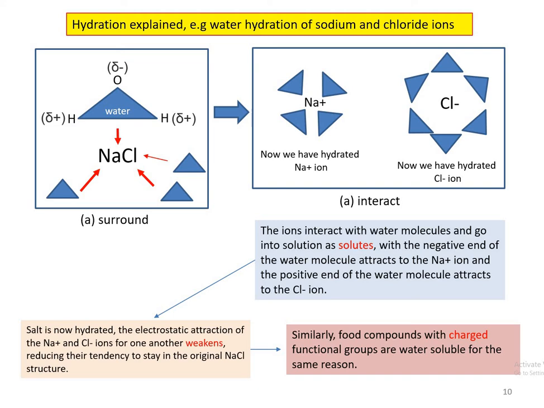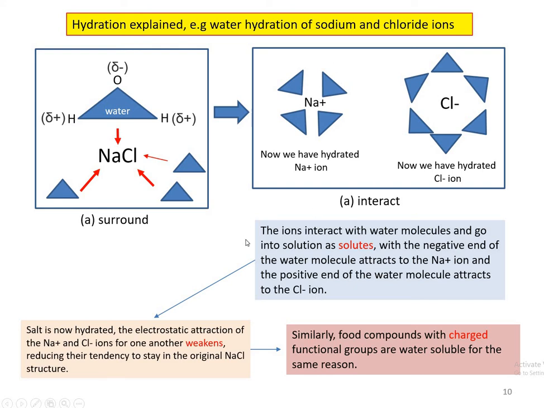B is interaction. So now maybe you can see that the ions interact with water molecules and go into solution as solutes. The negative end of the water molecule, which is basically the oxygen side, is attracted to the sodium ions, whilst the positive end, which is this part here, hydrogen and hydrogen, is attracted to the chloride ions.